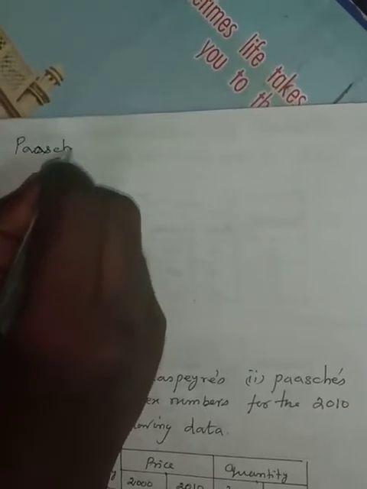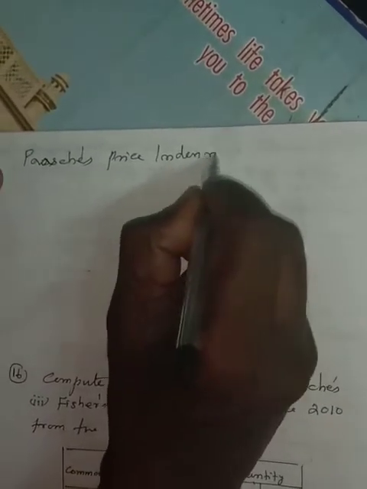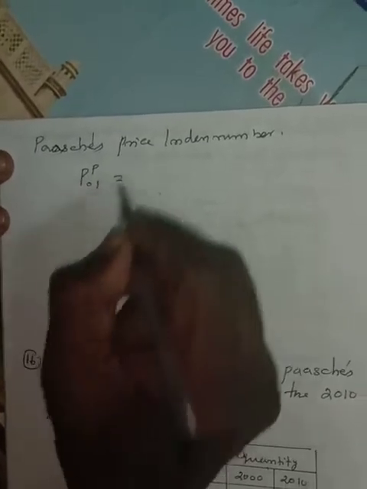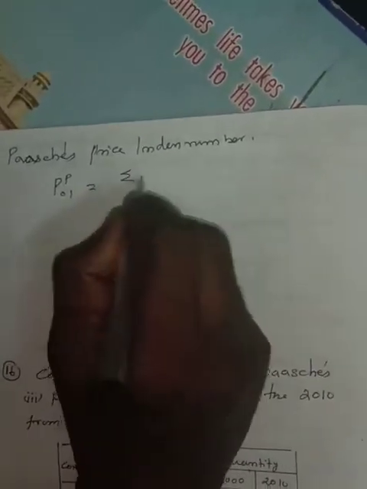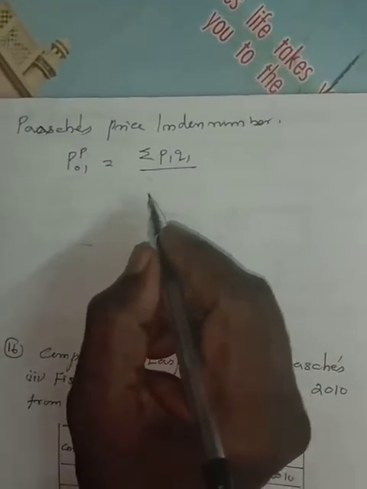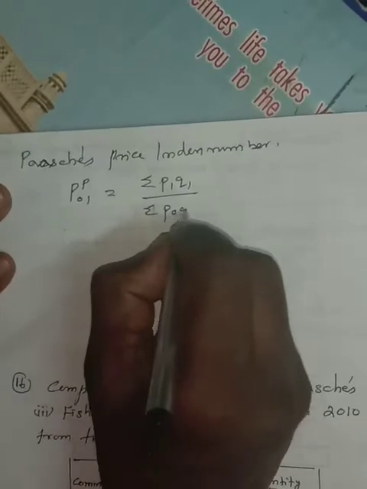Paasche price index number. P01 is equal to sum of P1 Q1 divided by sum of P0 Q1 into 100.